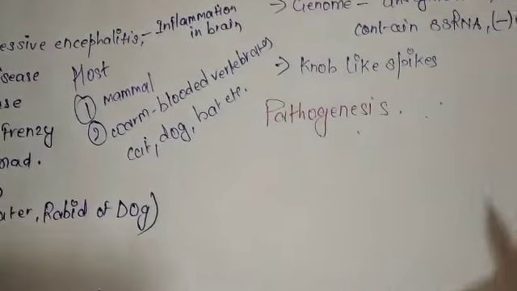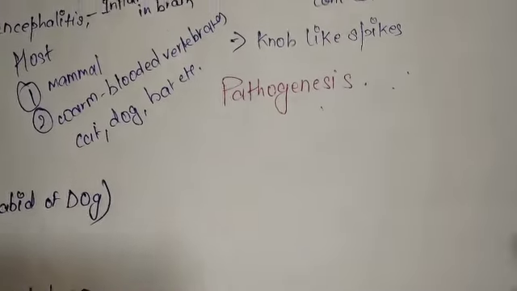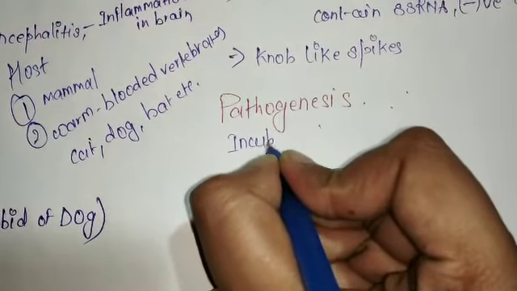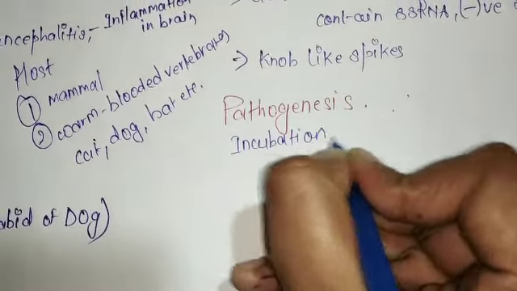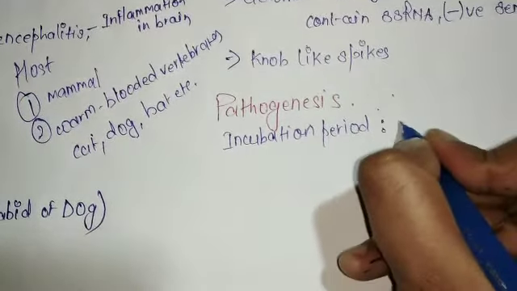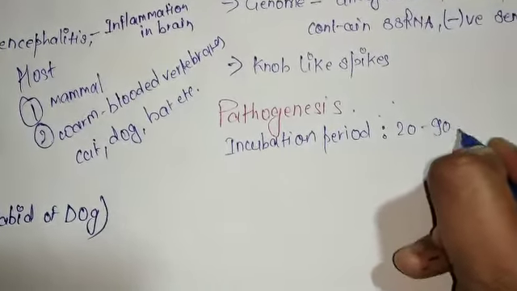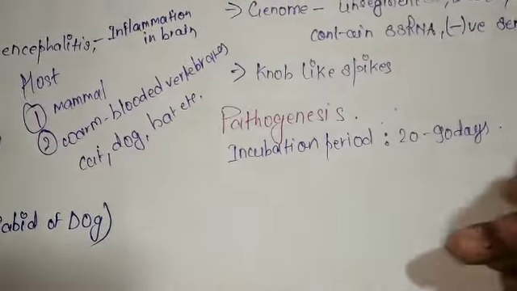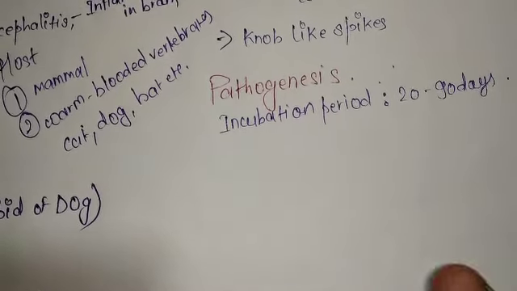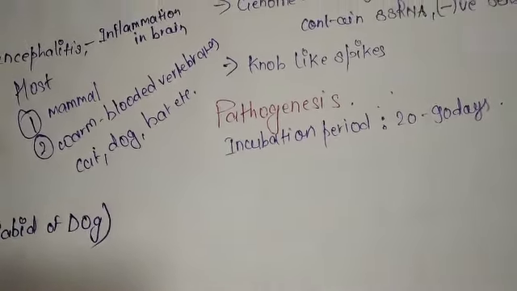Now we'll start with the pathogenesis. Basically the incubation period for the rabies virus is 20 to 90 days. So how does this virus transmit to the human body or a host and infect the cells?